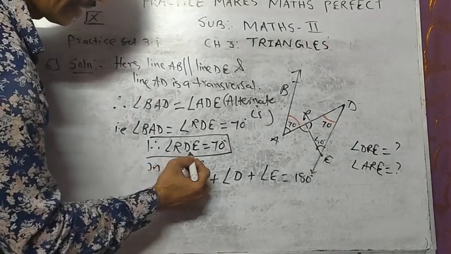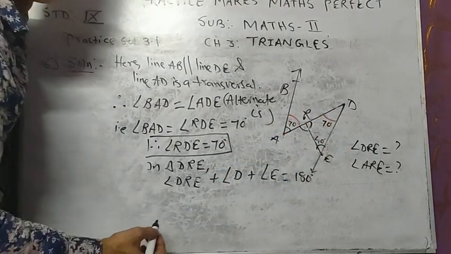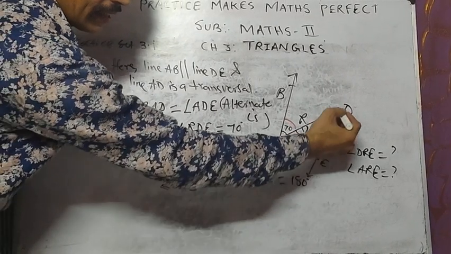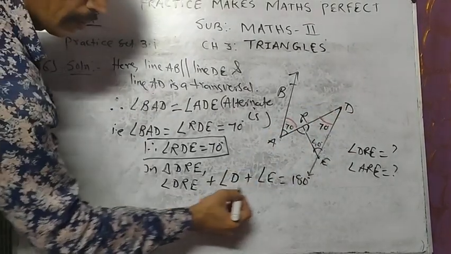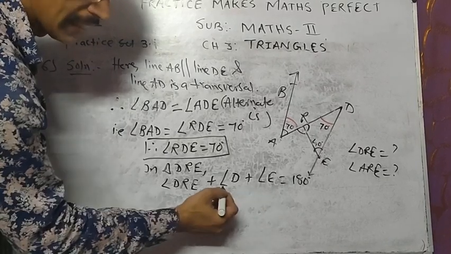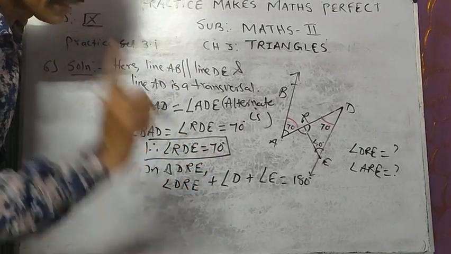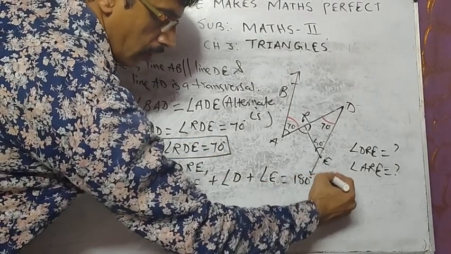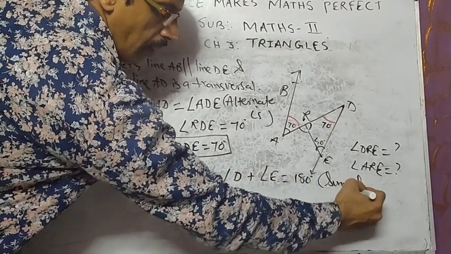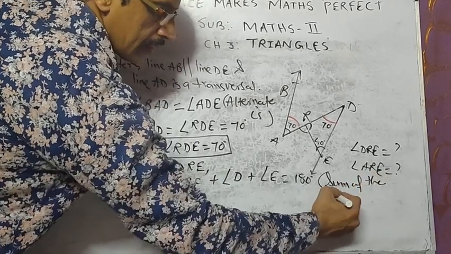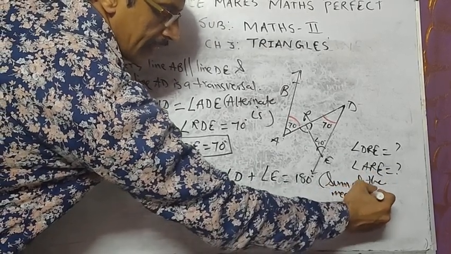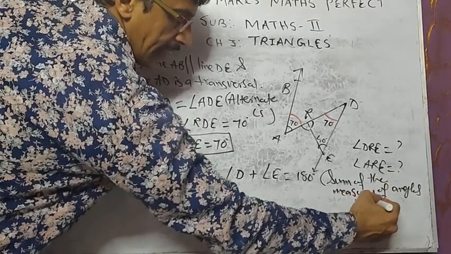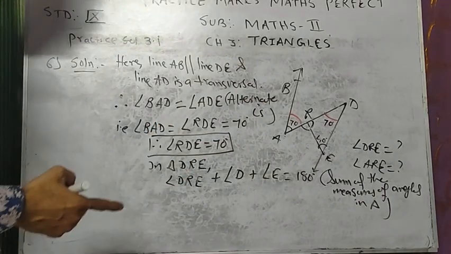See, I have written RDE. This is 70. Okay, and for E you can write angle RED. But here there is no confusion for the angles. That is why I have written a single letter. Okay, the reason will be, sum of the measures of angles in a triangle. This is the reason you have to write.